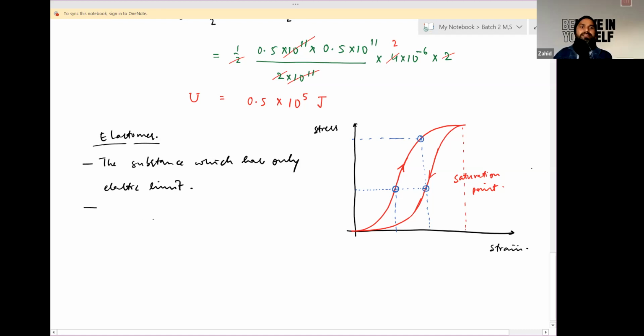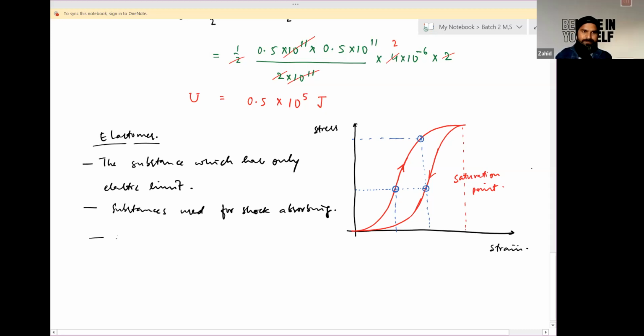And these substances can be used to absorb shock during traveling or jerk. So these are substances used for shock absorbing. So the greater the area of the stress strain curve for that particular substance, the better the shock absorber.